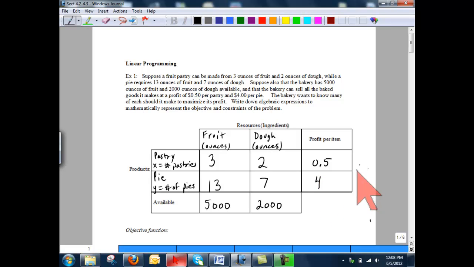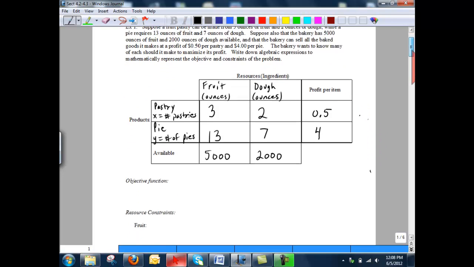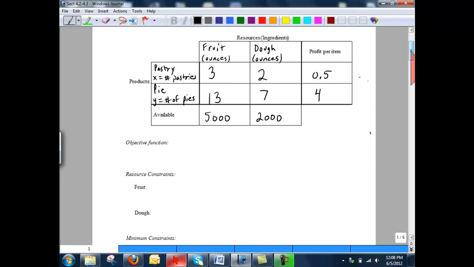So we really haven't done anything except take the numbers that are given in the English sentences of the original question and put them into an organized table. Now, let's translate that into algebraic expressions that will provide a mathematical problem then to solve.